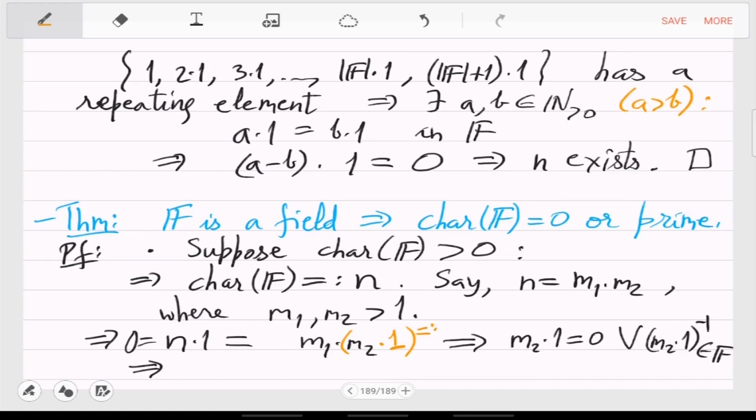So it's a field element, let's call it U. So you have m1 times U inverse equal to 0, which means that m1 is 0. m1 times 1 is 0, which is a contradiction.